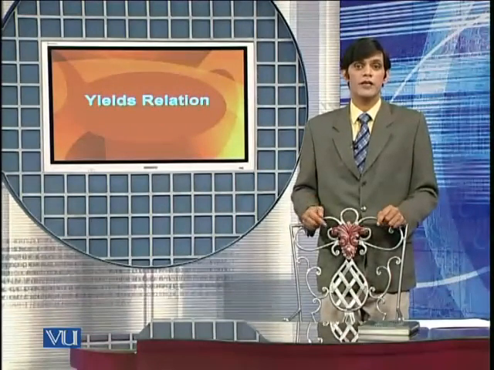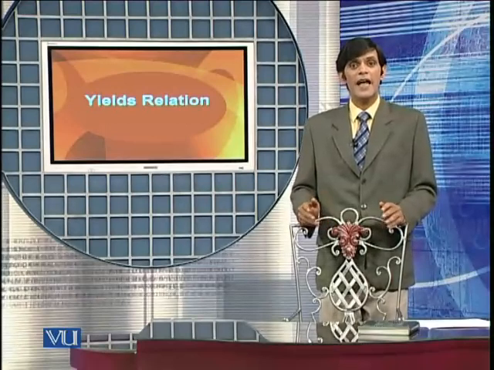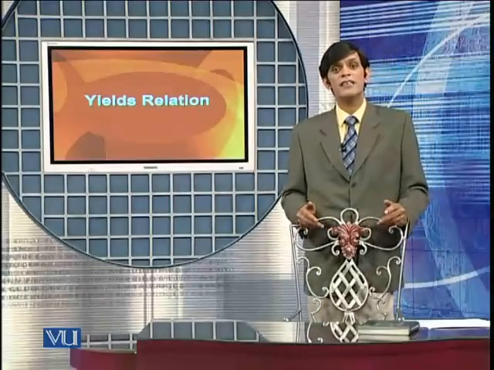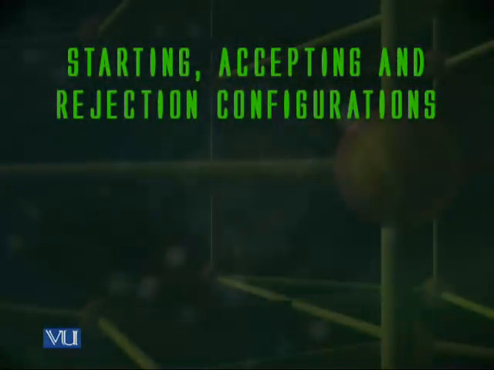These 3 kinds of configurations are extremely important. The starting configuration is when the computation of the Turing machine starts, and the accepting and the rejecting configurations are when the computation of the Turing machine ends. All other configurations are intermediary. This means the machine has not finished its computation, but it's in the process of computing.